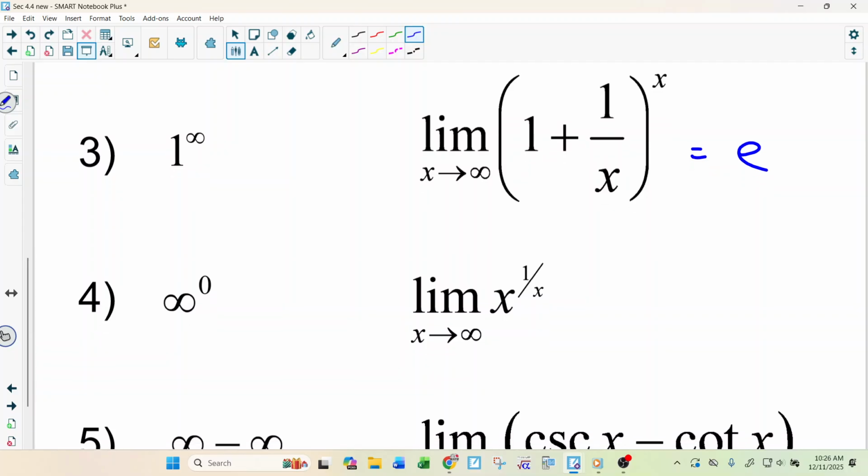So let's try the limit as x goes to infinity of x to the 1 over x. So on the back, we're going to skip the other one. Let's try this one. Okay. So from what we've just been doing, think about what you would do. How you would solve that.